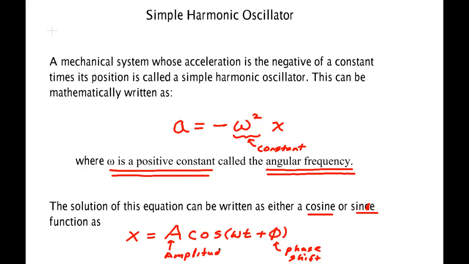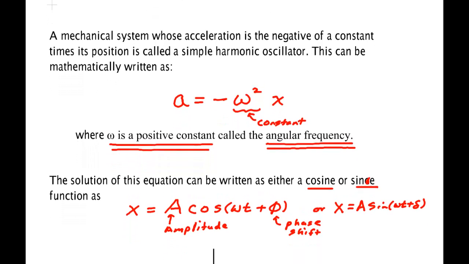So this is one solution, but you could also write it as A sine of omega t plus some different phase angle. So either one of those is a perfectly good solution to the problem. Which one we choose will depend upon the problem at hand.